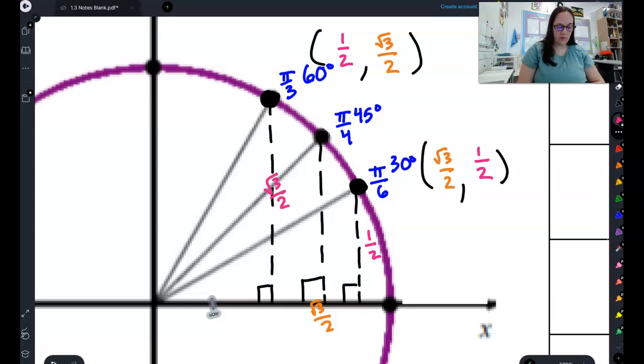We've been doing X as orange. Let me fix that real quick. So now I know that this side will be 1/√2 and this side will be 1/√2 because of that isosceles shape.